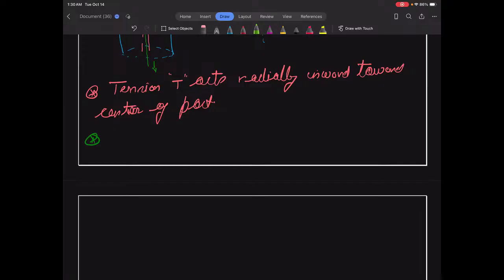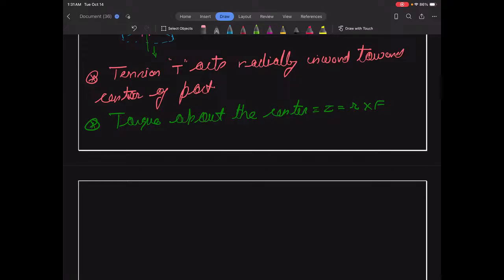So let us assume the torque about the center, that is our tau, is given as R cross F, and this R in this case is the position vector of the mass M from the center.